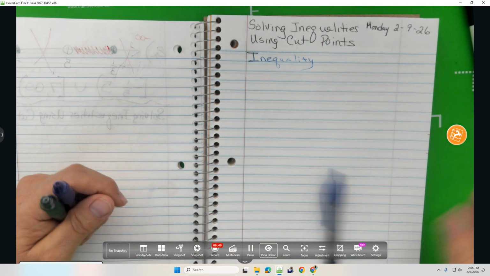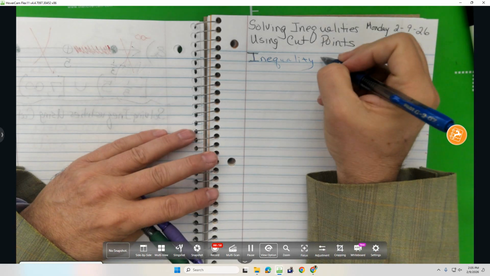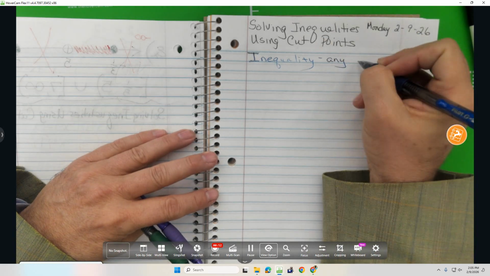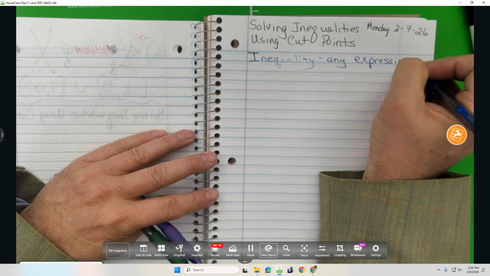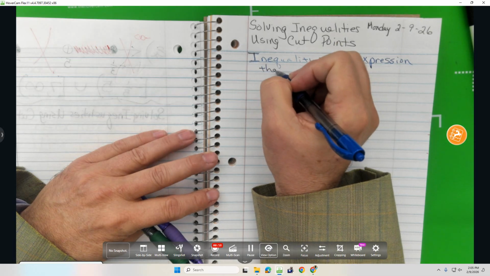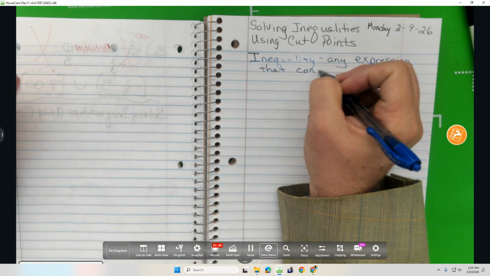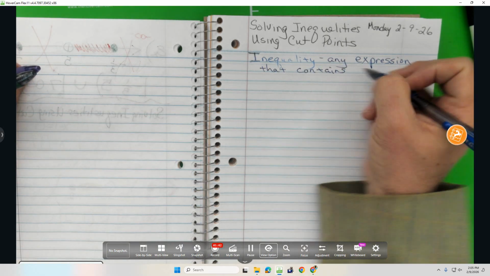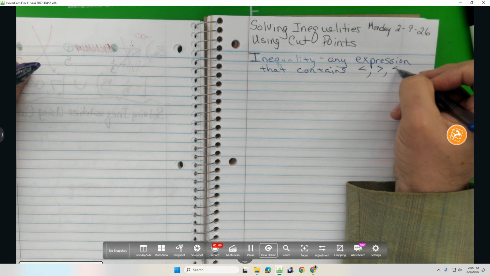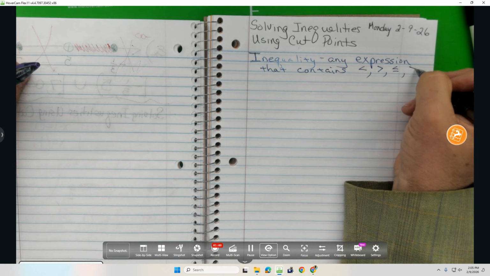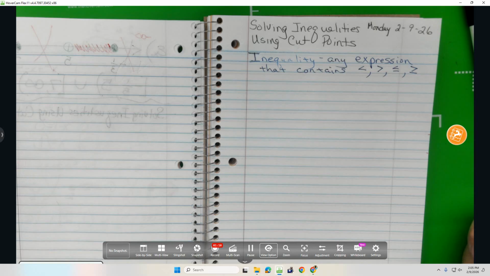How about an inequality is any expression that contains a less than, a greater than, a less than or equal to, or greater than or equal to.